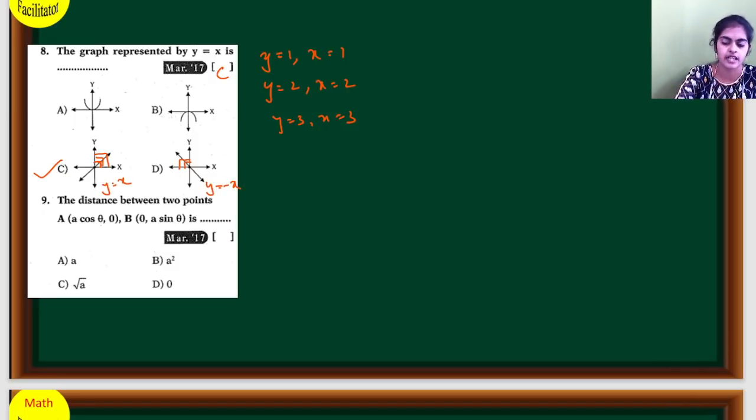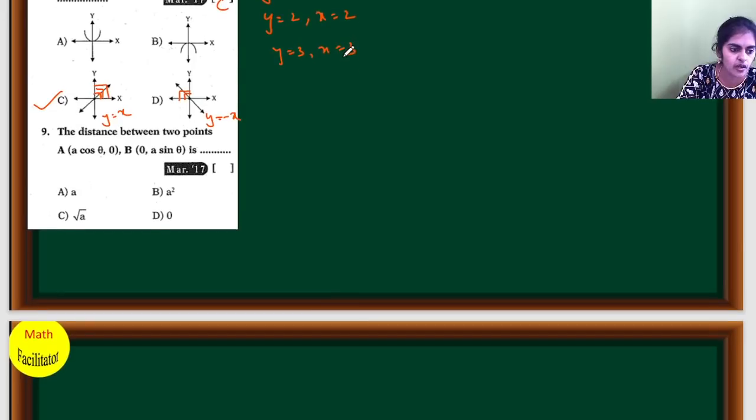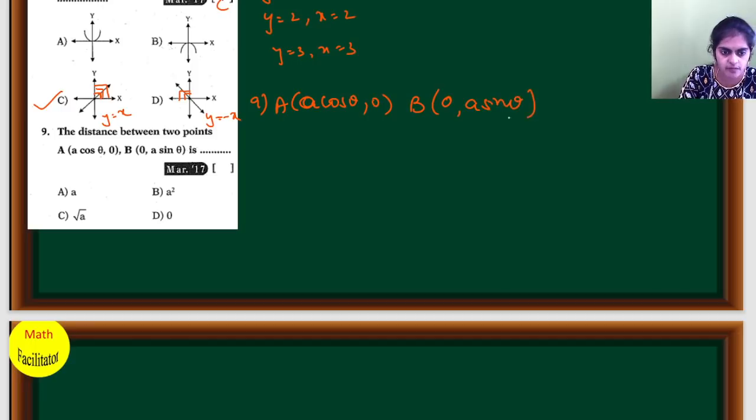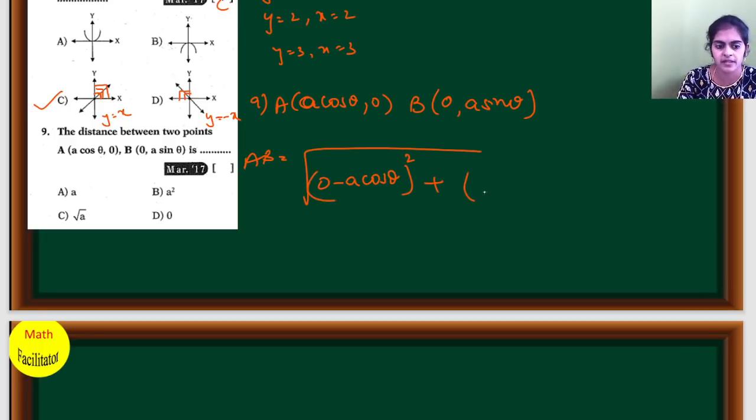Okay. Now next, the distance between the 2 points. The points are A (a cos theta, 0) and B (0, a sin theta). Distance AB is nothing but root over (0 minus a cos theta) the whole square, x2 minus x1 the whole square, plus y2 minus y1 the whole square.